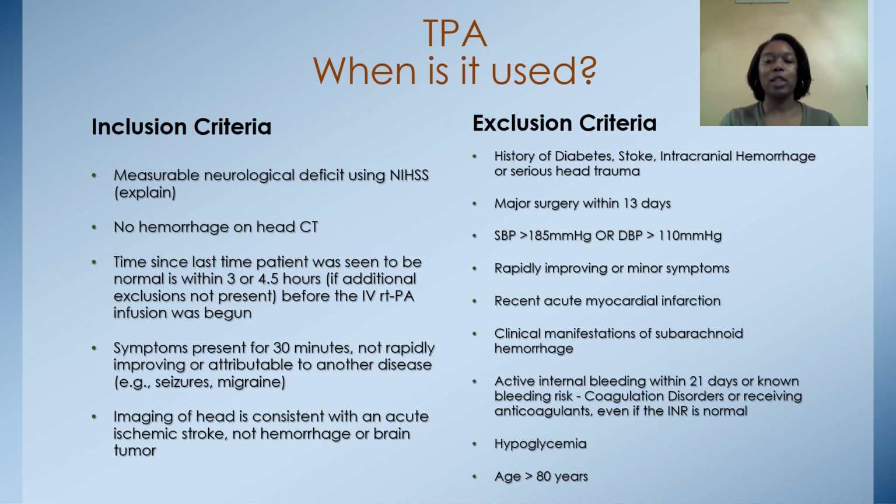Clinical manifestation of a subarachnoid hemorrhage. Active internal bleeding within the last 21 days increases the bleeding risk, or any type of coagulation disorders, which we discussed earlier. And labs can help to determine that, such as D-dimer, as well as platelets and INR levels. Hypoglycemia, and if the patient is above the age of 80, they are not a candidate for TPA.